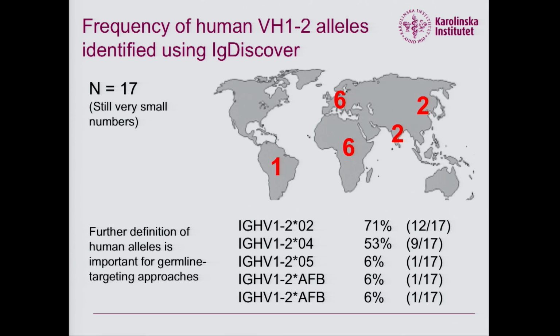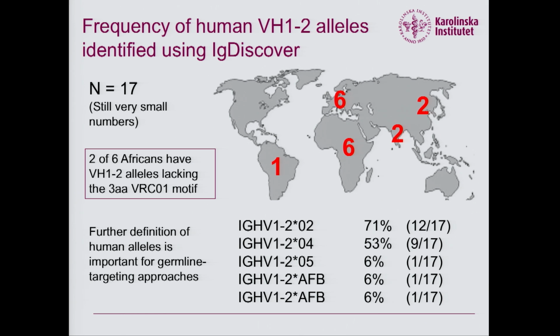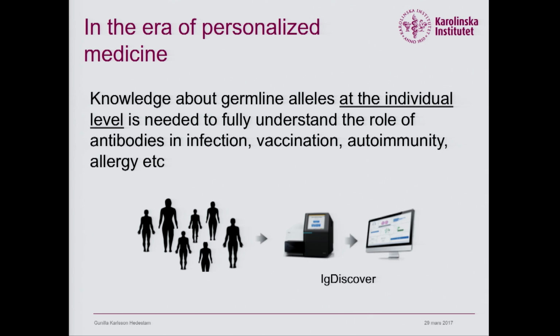And so we believe that this is important to define further in much greater numbers of individuals, not the least for ongoing germline targeting approaches that are attempting to elicit VRC01 class antibodies. So in general, this is very early stage, but we feel like in the era of personalized medicine, where there is a focus to really understand biology and disease at an individual level, this is another part that needs to be filled in.